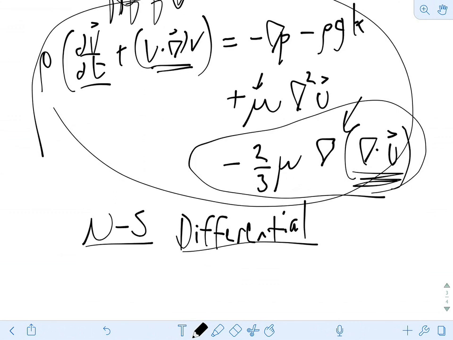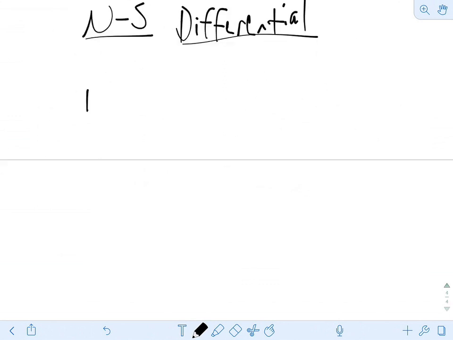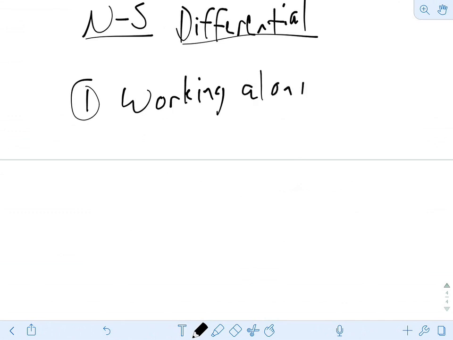The good news is for most of the flow field, we can make some pretty drastic assumptions. If we make the following assumptions: 1, we're working along a streamline, meaning we're tracing the path of a fluid parcel. And number 2, flow is inviscid.